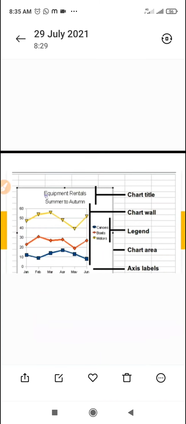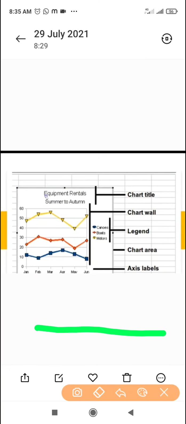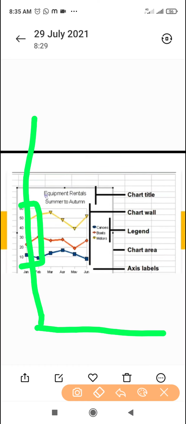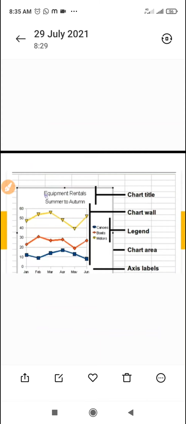So this horizontal line tells you about the categories, and this vertical line tells you about the values. By watching these values we can calculate the value. Here, this line is telling you about the value 40. So in this month we have given 40 motors on rent.